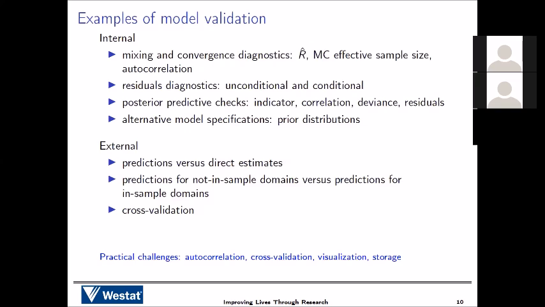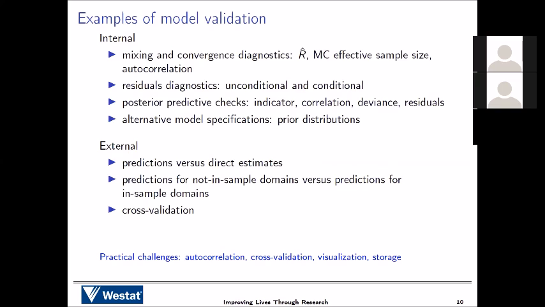There are also residual diagnostics to check some of the model assumptions that were made at both the sampling level and the linking level, posterior predictive checks, and some alternative model specifications. For the small area estimation aspect in particular, we can also conduct external model validation. We want to compare the model predictions with the direct estimates, and we can also compare the distributions of predictions for in-sample domains and not in-sample domains.